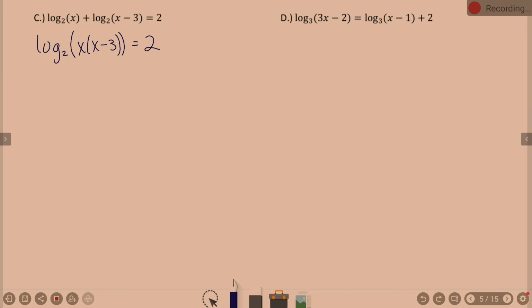If I go ahead and clean up the inside, I have to do this at some point. X times x minus 3 is x squared minus 3x. Thoughts on how I can solve this? I got no idea. It's log.